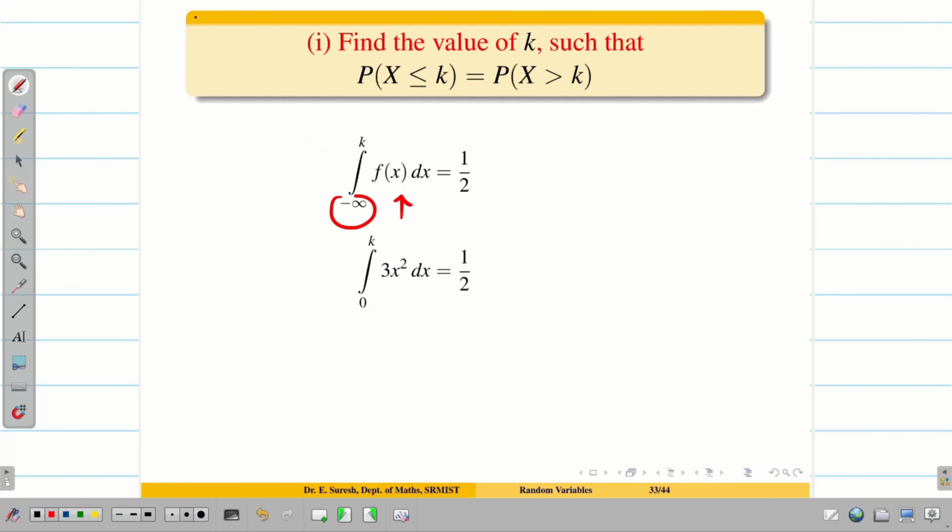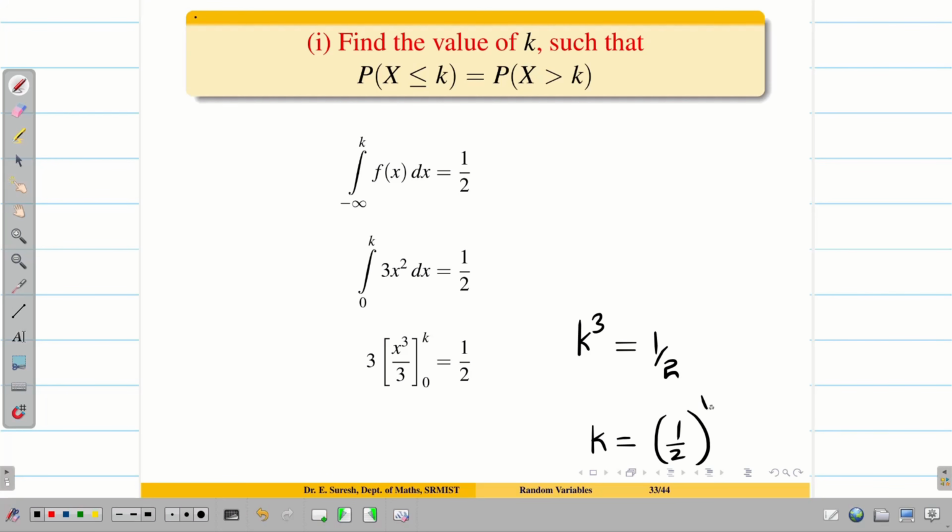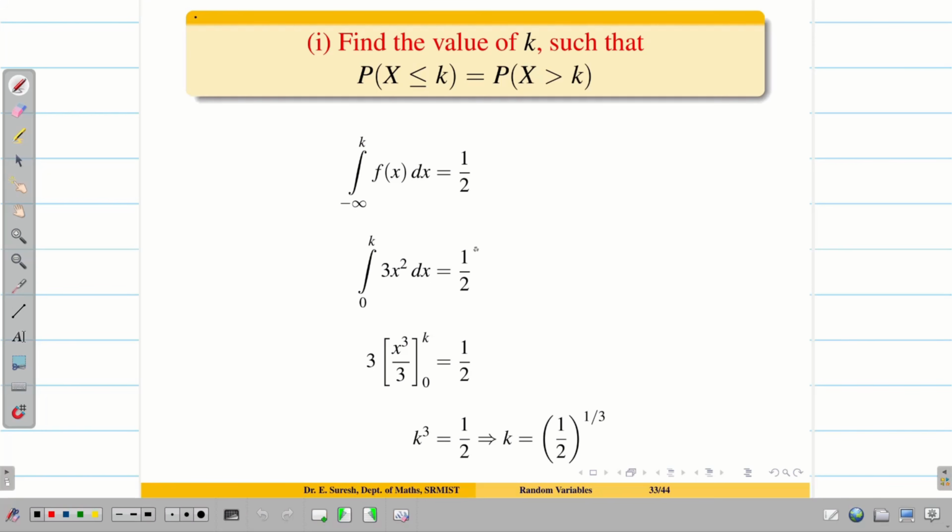Substituting the f of x value, we get integral 0 to k of 3x square dx. Integrating this, we get 3 into x cube by 3, limit 0 to k, that is equal to 1 by 2. Now I can cancel this 3, and substituting the limits, we get k cube is equal to 1 by 2. K is equal to 1 by 2 whole power 1 by 3. I am taking cube root on both sides. So we found the value of k.